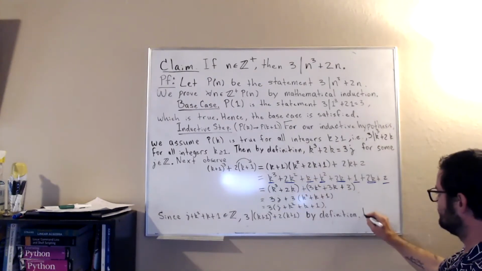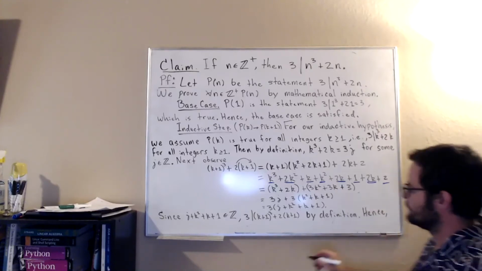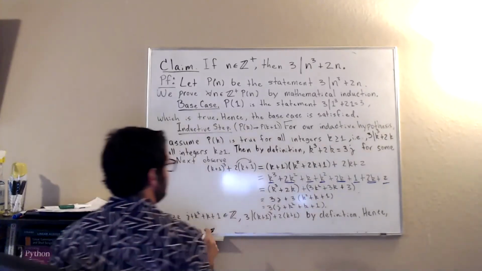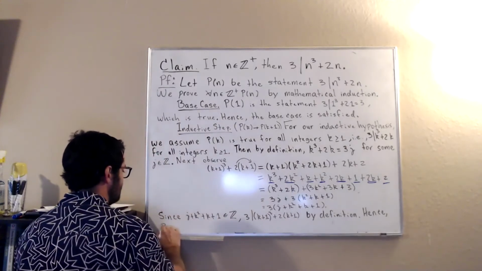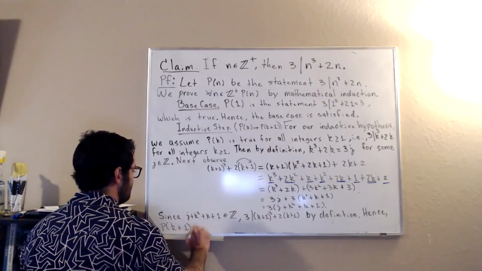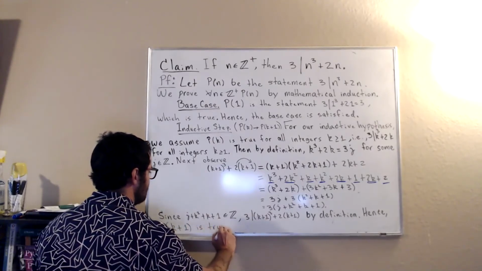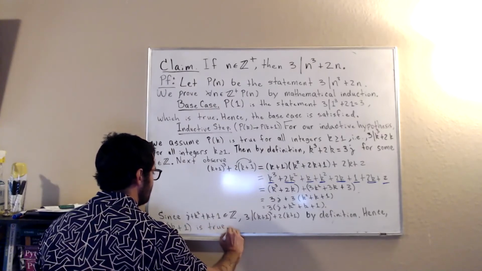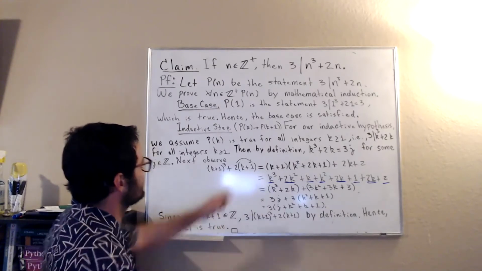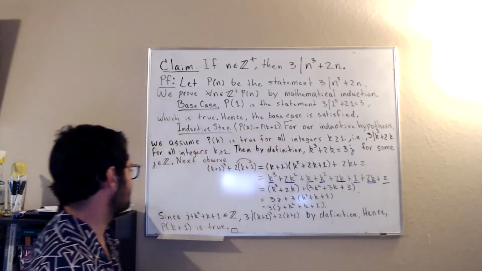Hence, p of k plus 1 is true. And we're done. Because that's the whole point. We want to show that if we assume p(k), then p(k plus 1) is true.